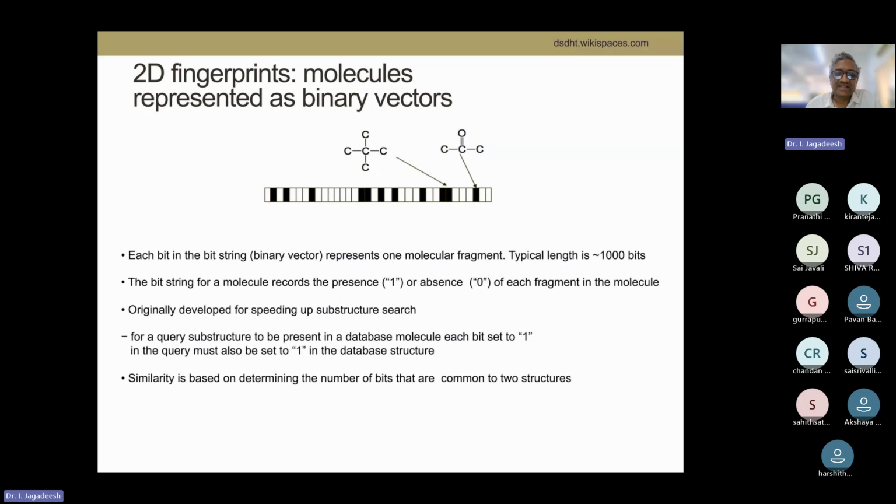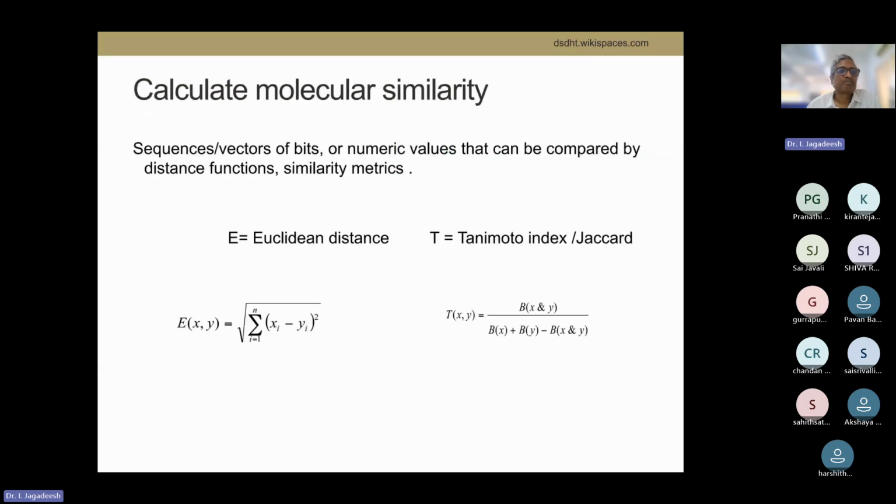Similarity is based on determining the number of bits that are common to two structures. The molecular similarity we can assign by two parameters, that is descriptors. One is the Euclidean distance, another is the Tanimoto score or Tanimoto index, also given as the Jaccard scale.